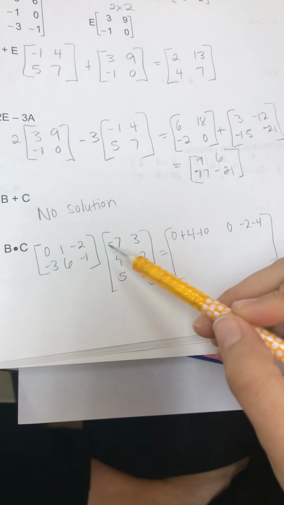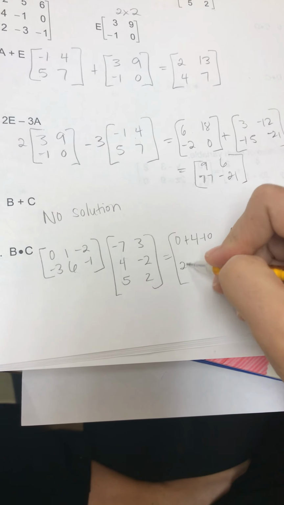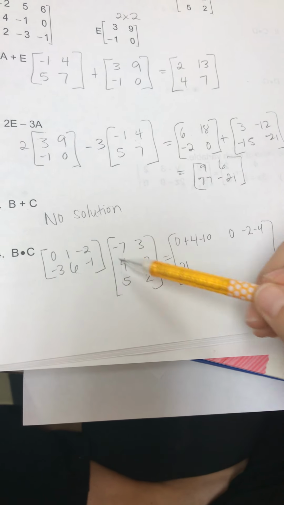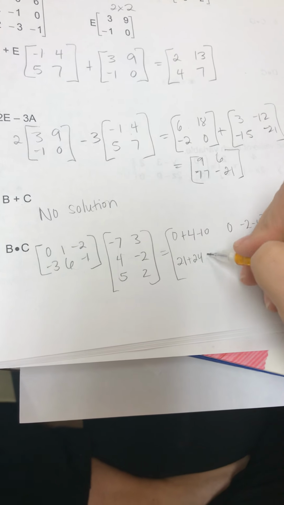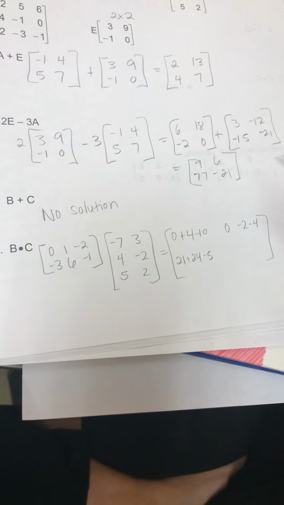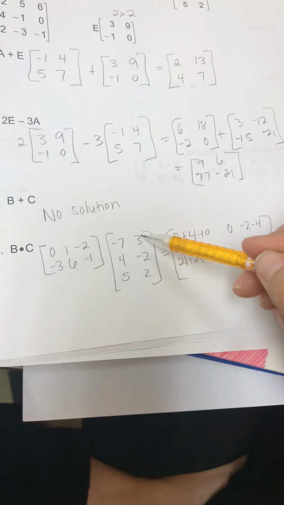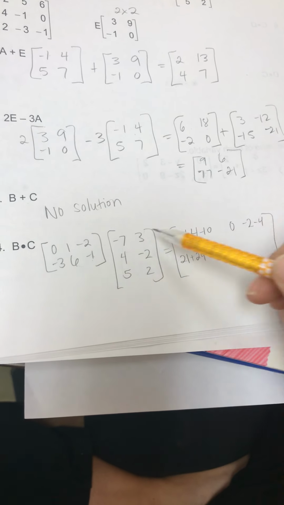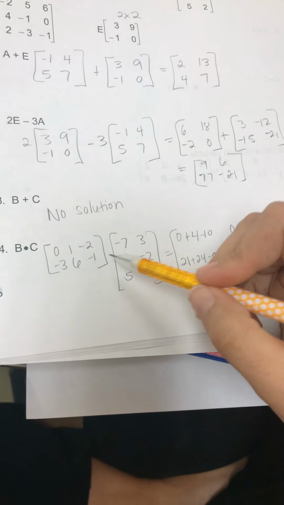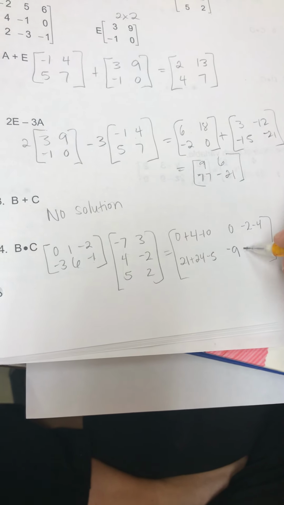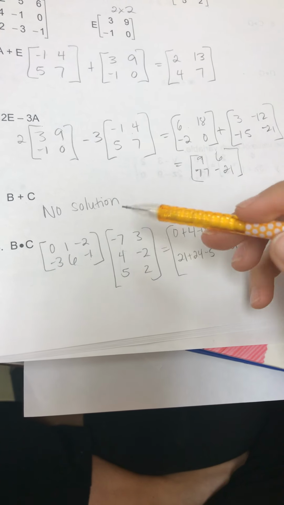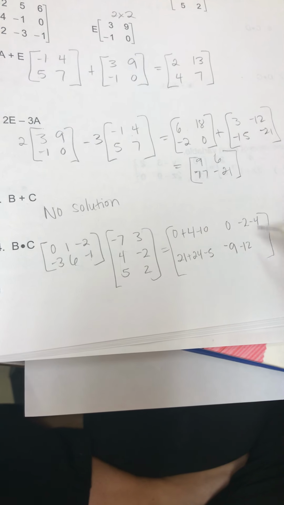You're going to have negative 3 times negative 7 is positive 21. 6 times 4 is 24. Negative 1 times 5 is minus 5. Now second row times your second column. Negative 3 times 3 is negative 9. 6 times negative 2 is negative 12. And negative 1 times 2 is minus 2.